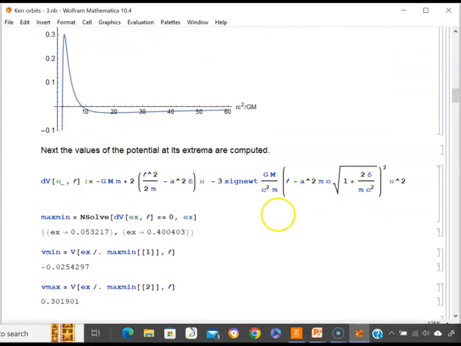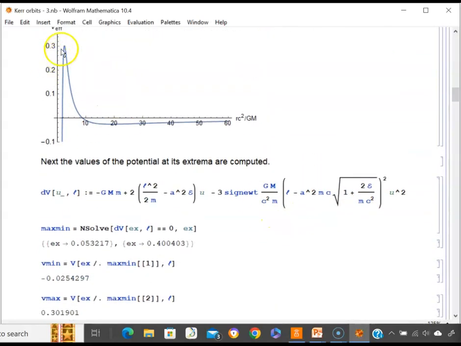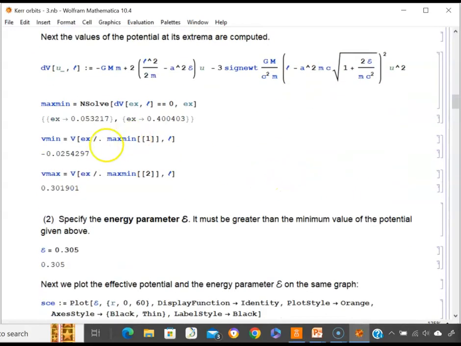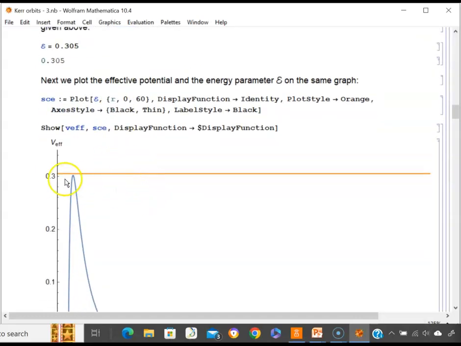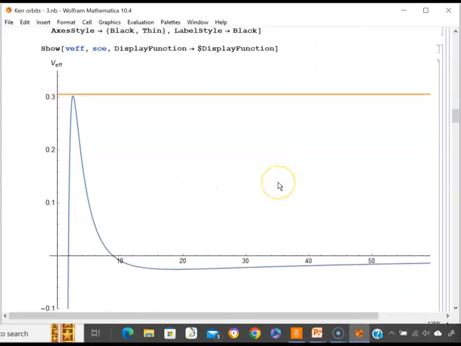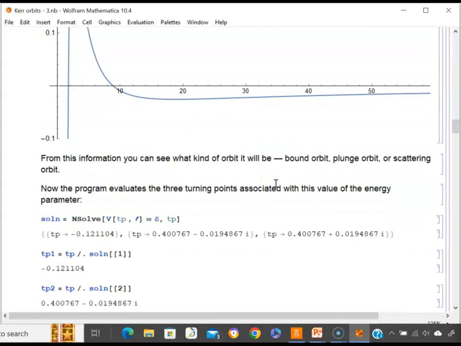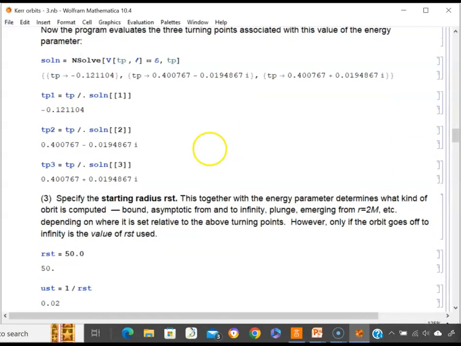Then we take the derivative to analyze the turning points, and here they are. In this particular example, I've set the energy to plus 0.305, which is slightly above the maximum of the effective potential, just here, the orange line.